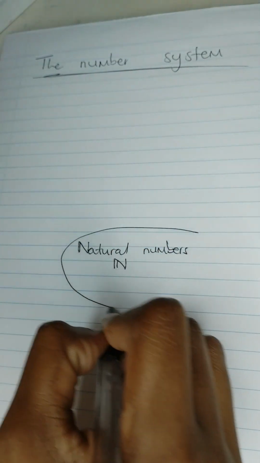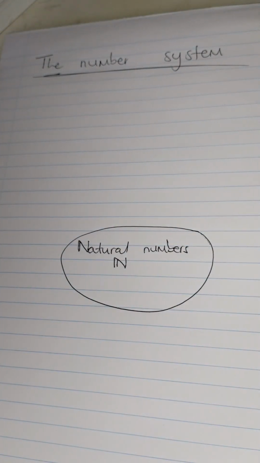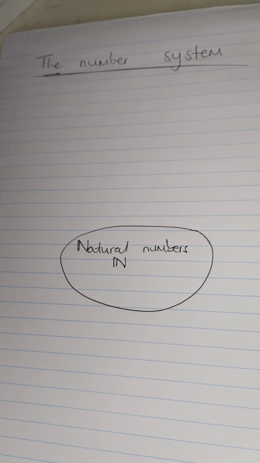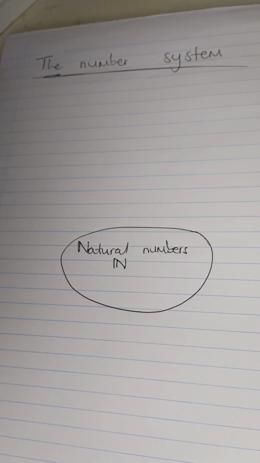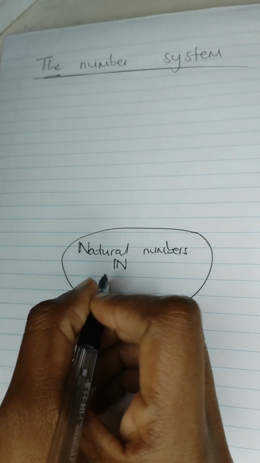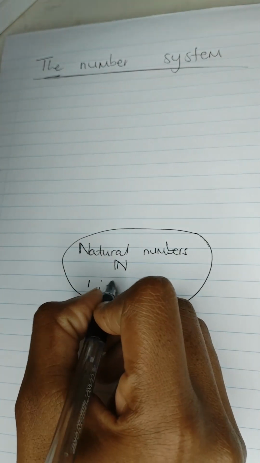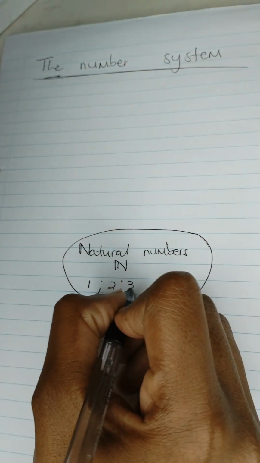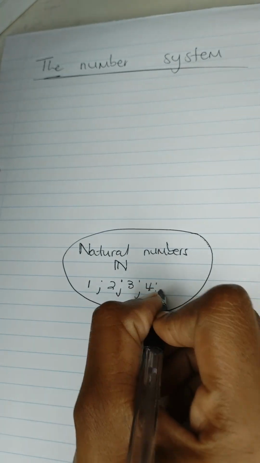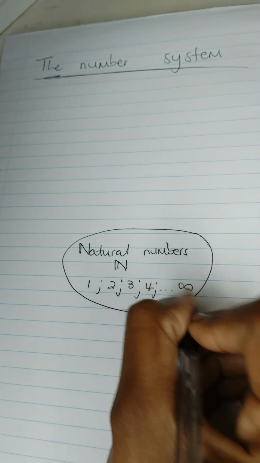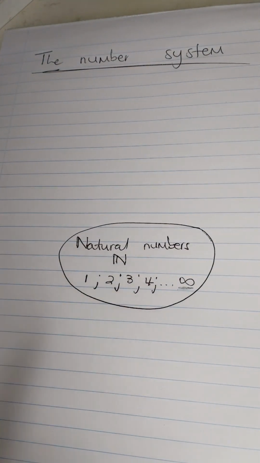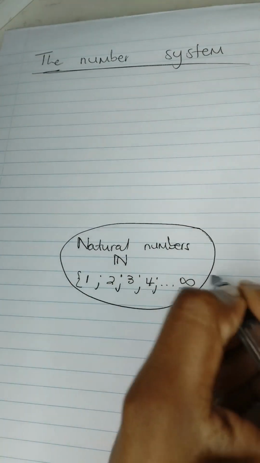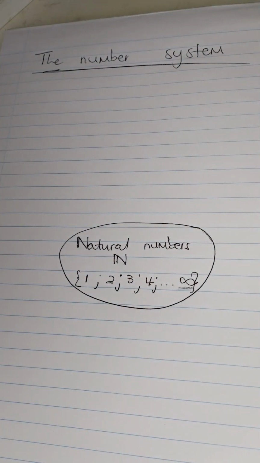Natural numbers are numbers that start from 1 going upwards until infinity. So 1 being a positive number, when you go up, it means you continue with other positive numbers: 1, 2, 3, 4, up until infinity. This is the sign for infinity. So this is our natural numbers.